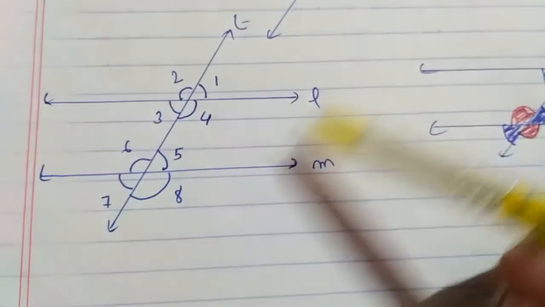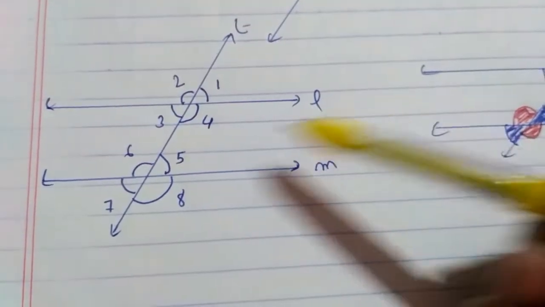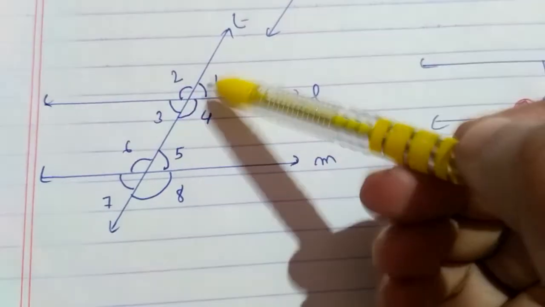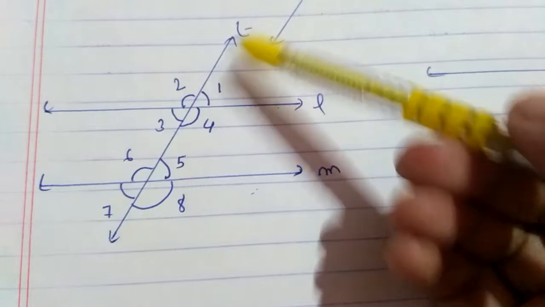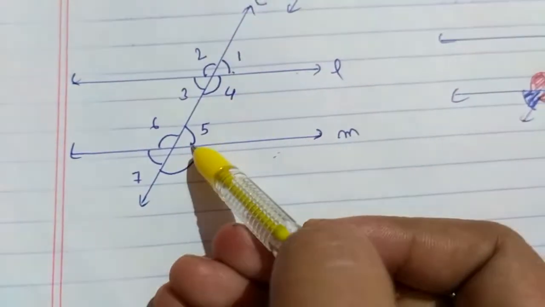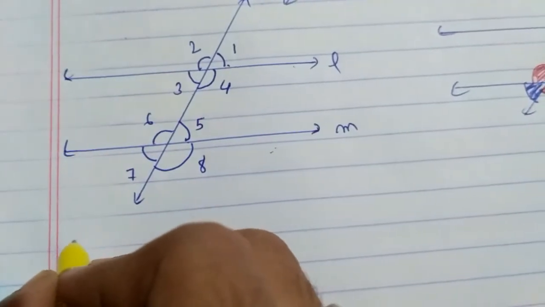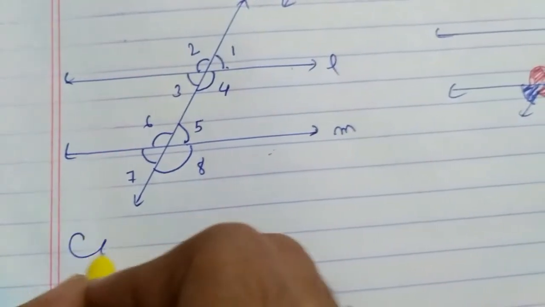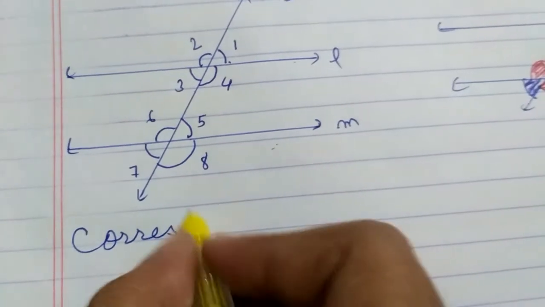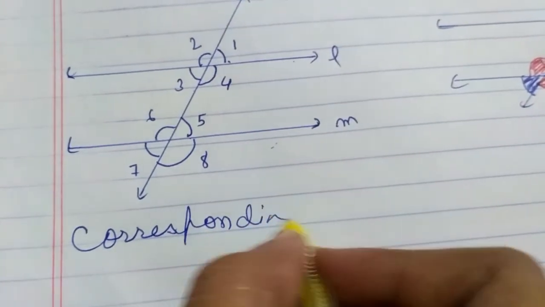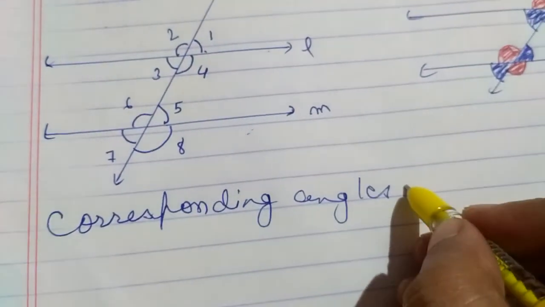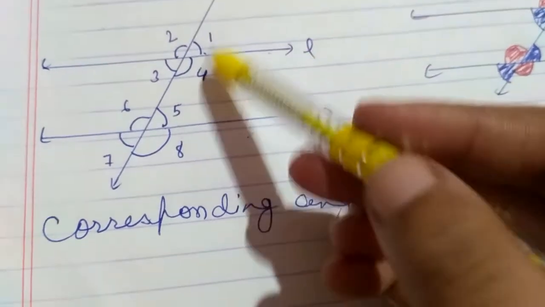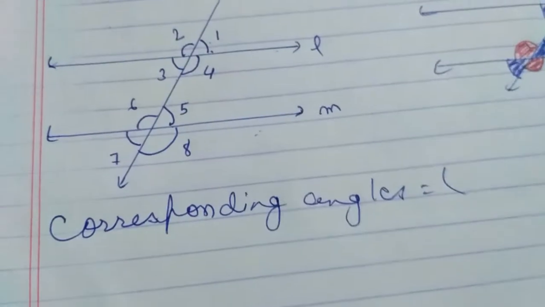Suppose you have this type of angles, here are the names of angles, these lines are parallel and this one is a transversal. So you can say 1 and 5 are corresponding angles. The name of corresponding angles, first pair is angle 1 and angle 5.